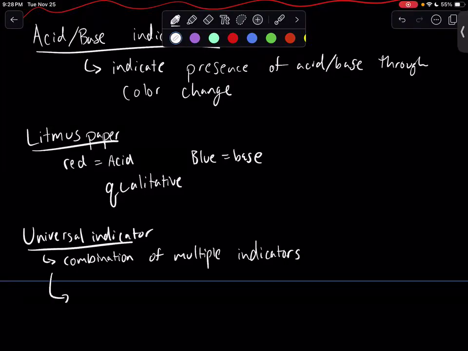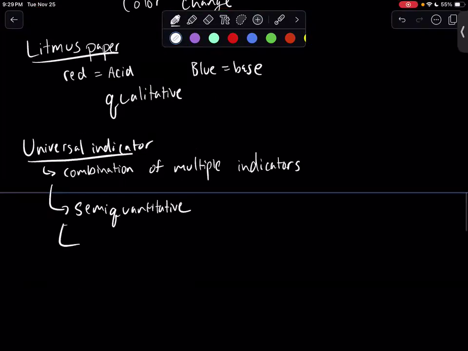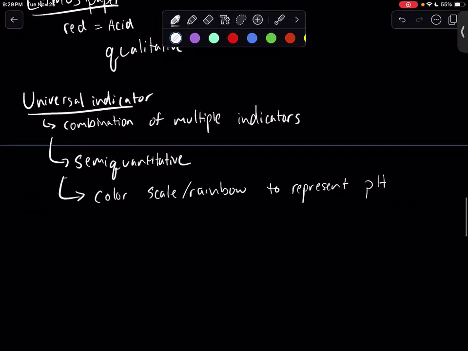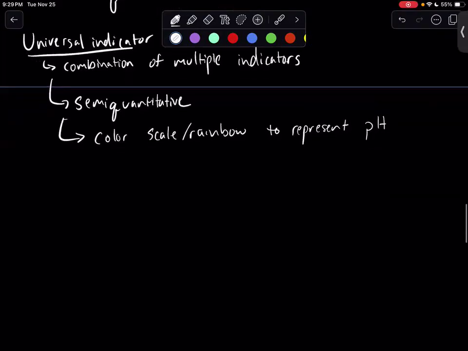And because of that, we can get a little quantitative, I'll say semi-quantitative, where you get a color scale, or a rainbow, to represent pH. So you just have to match the color that your solution turns to some type of bar graph that tells you the pH of a solution. You just play a matching game to figure it out. You get a spectrum of color for that.